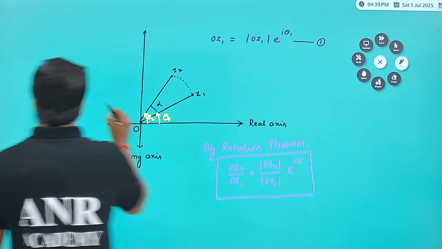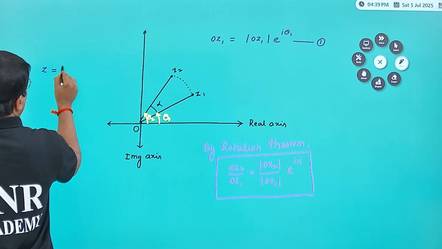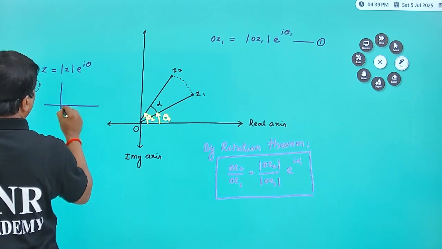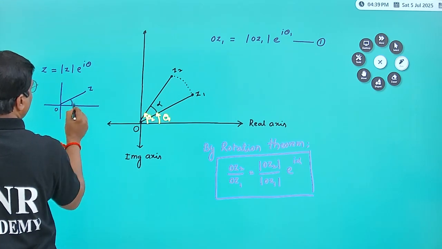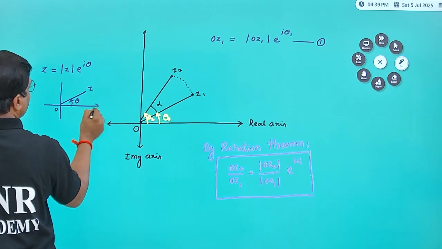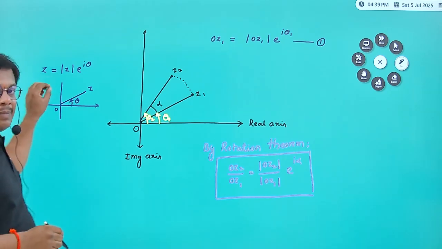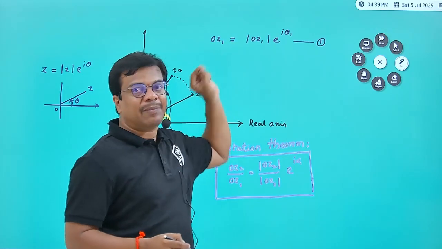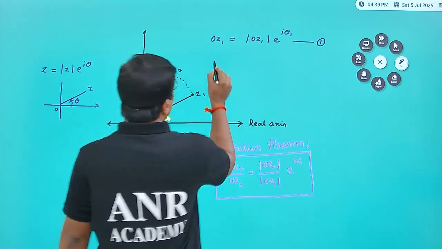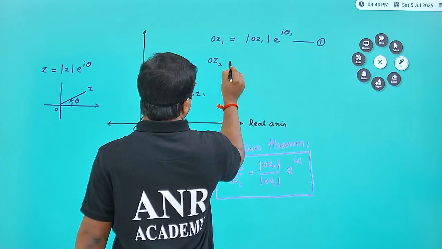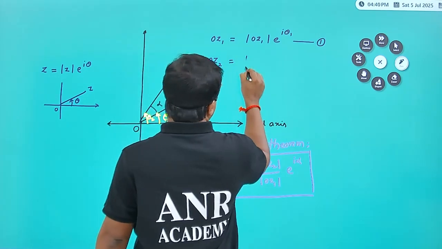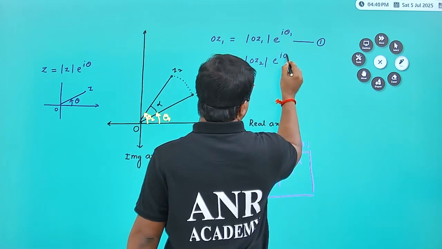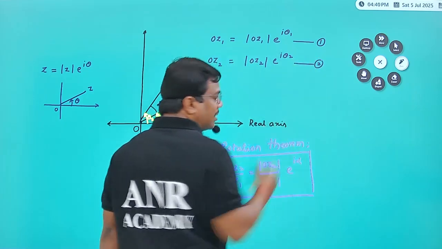By Euler form, a complex number z can be written as mod z into e power I theta, where theta is the angle made by OZ with the real axis in the counterclockwise sense. So by Euler form, OZ1 can be written as modulus of OZ1 multiplied by e power I theta 1. In the same way, OZ2 I am going to write as modulus of OZ2 into e power I theta 2. This is the second result.